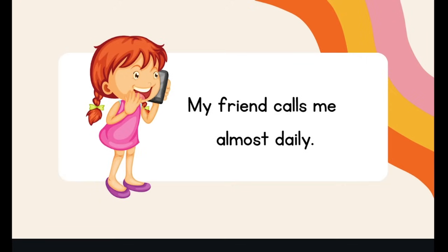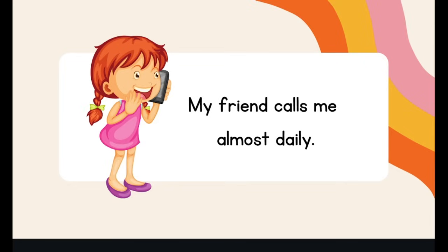So here again, I'm apologizing for the connection going on and off. So again, as we continue, here's another example. My friend calls me almost daily. So our adverb that we use here is the word almost.